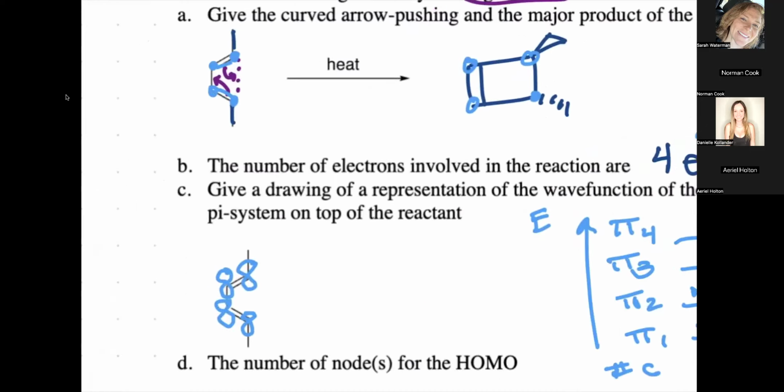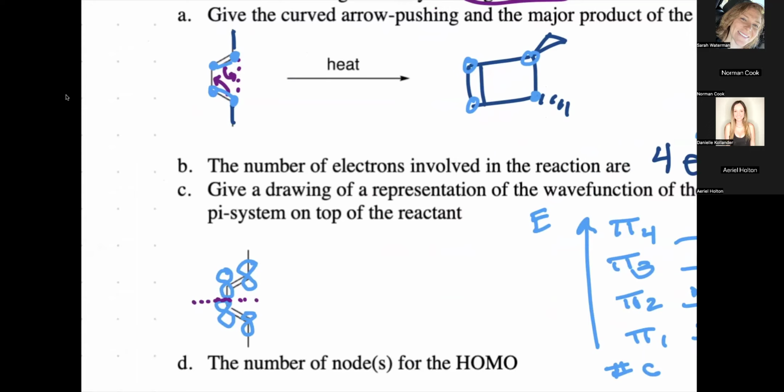So if our HOMO is on pi 2, how many nodes will we have? One node, exactly. Your nodes always have to evenly split your molecule. The nodes can be between atoms or directly on top of an atom. Because we just have one, it's just going to split it in half.